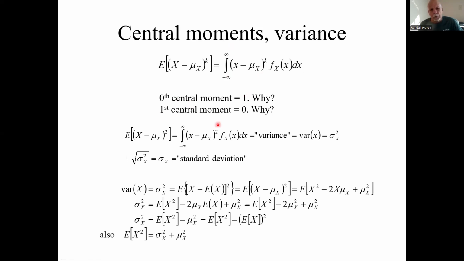The first central moment, this k is 1. Well, then you've got x, f of x, which is the expected value of x, and you subtract off mu of x times 1, basically, because you're going to be integrating the PDF again. You're just getting the mean minus the mean, which is going to be 0. So that's why.